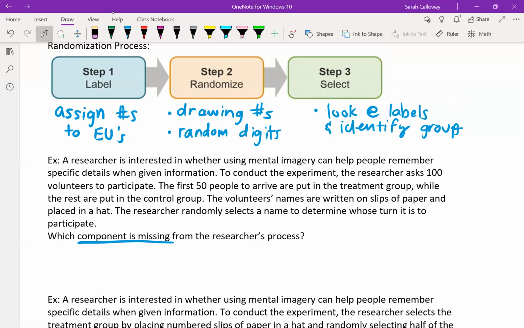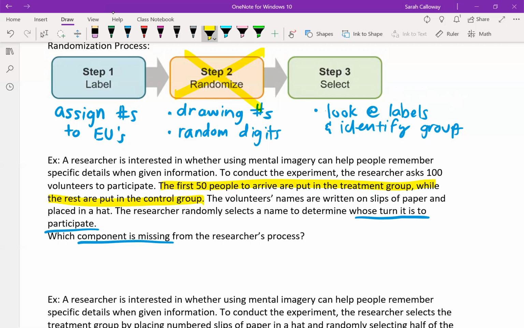Remember that the process of randomizing is putting them into the groups, not whose turn it is to participate. When it's talking about the first 50 people being put in the treatment group and the rest in the control group, that's not randomizing.